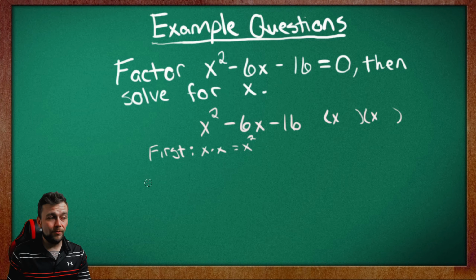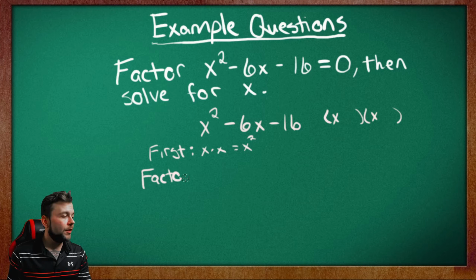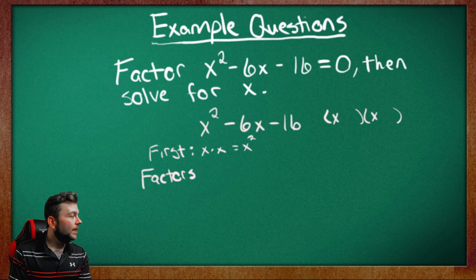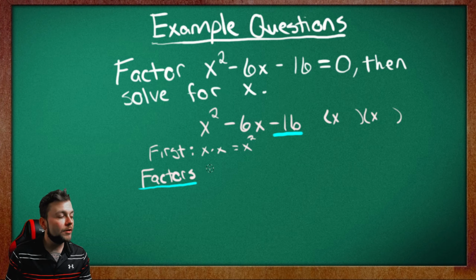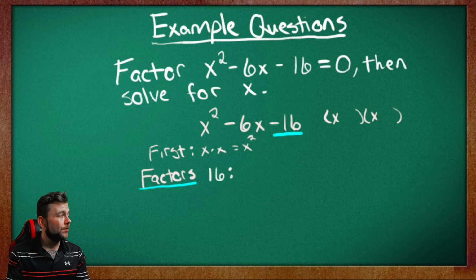Then our middle term, do you remember how we got our middle term? We have to write out the factors of our negative 16. Let me underline this. So we need to factor 16. What times what equals 16?